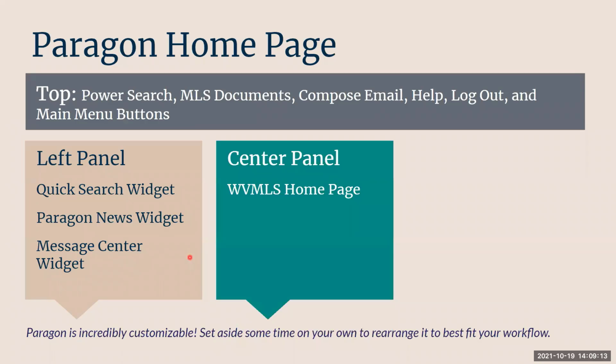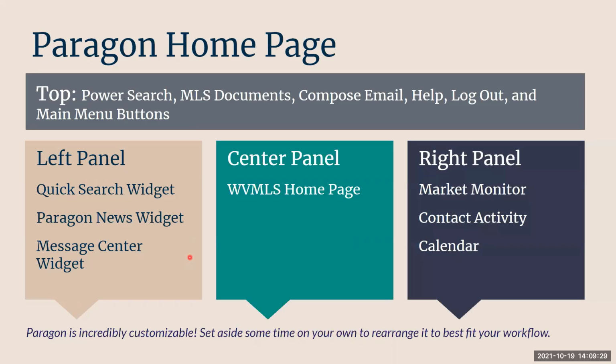There's a center panel, which we call the WVMLS homepage. That is ours. We have a blog there and all this useful information I'll show you in that center section. And then along the right panel is the market monitor, your contact activity widget, and a calendar widget.